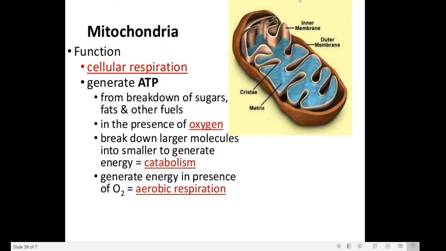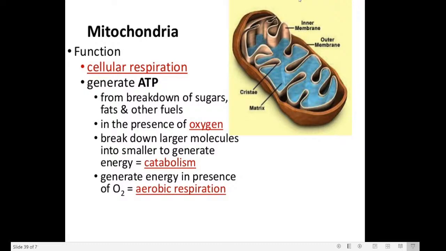Then mitochondria. This mitochondria plays an important role in the cellular respiration process. It generates ATP by the breakdown of sugars, fatty acids and other fuels, in the presence of oxygen.